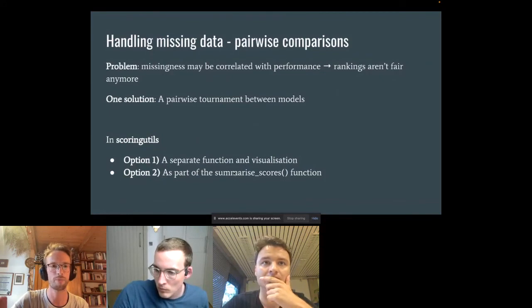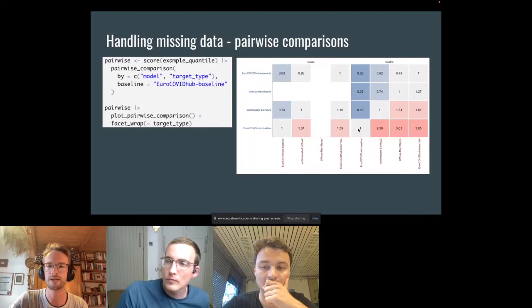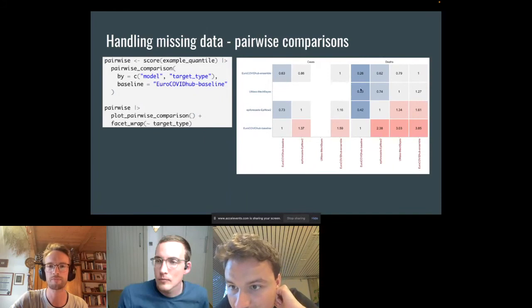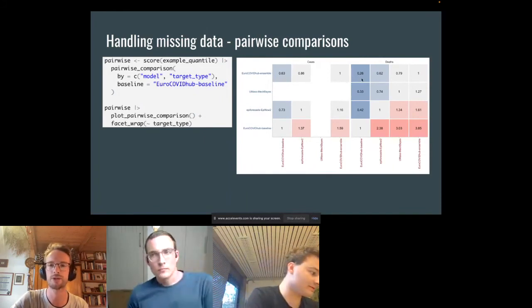So, for example, if we did the pairwise comparisons separately and then plotted the results, we would get something like this. I'm not going into details, but basically this is a comparison between each pair of models, and a small value means the model is better, and you get some indication that, for example, the COVID hub ensemble is doing really well.